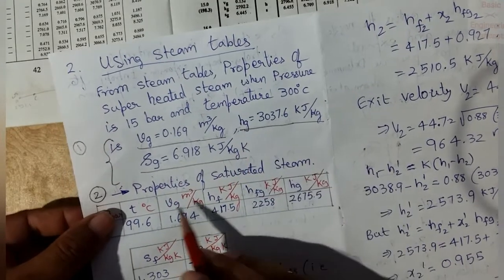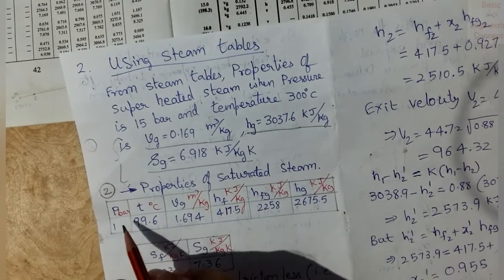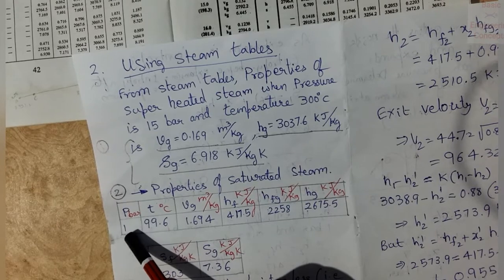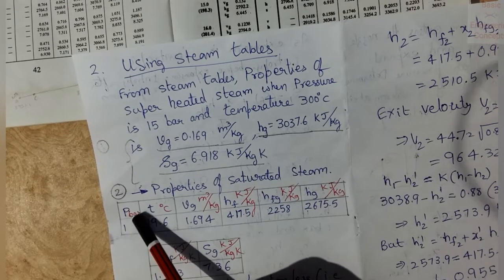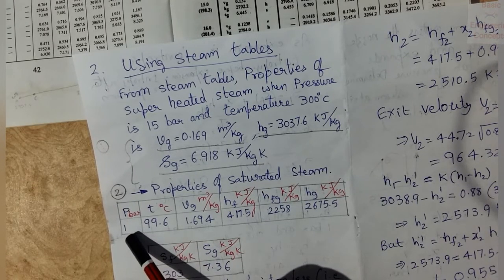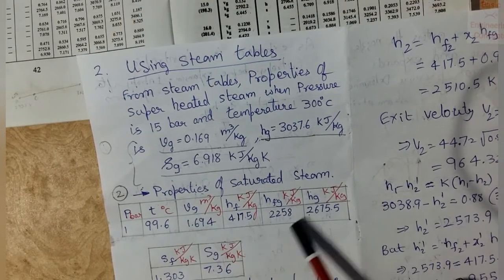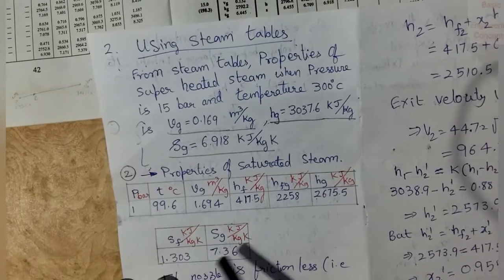Now, properties of steam at the second point, where the pressure is the exit pressure, 1 bar, and the corresponding temperature, Vg, Hf, Hfg, Hg values, Sf and Sg values.